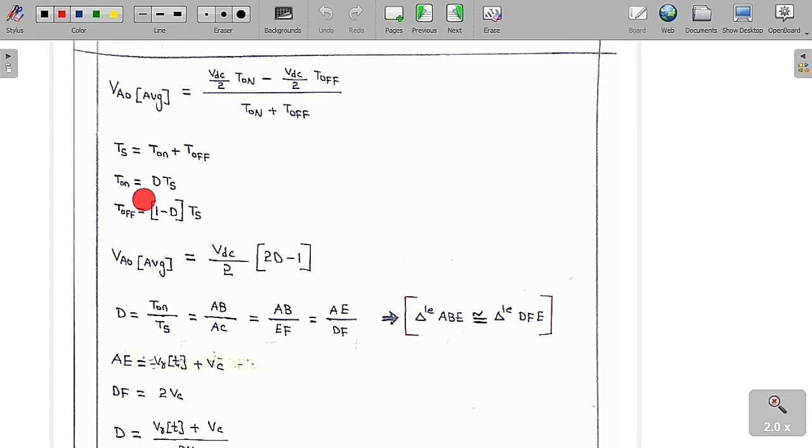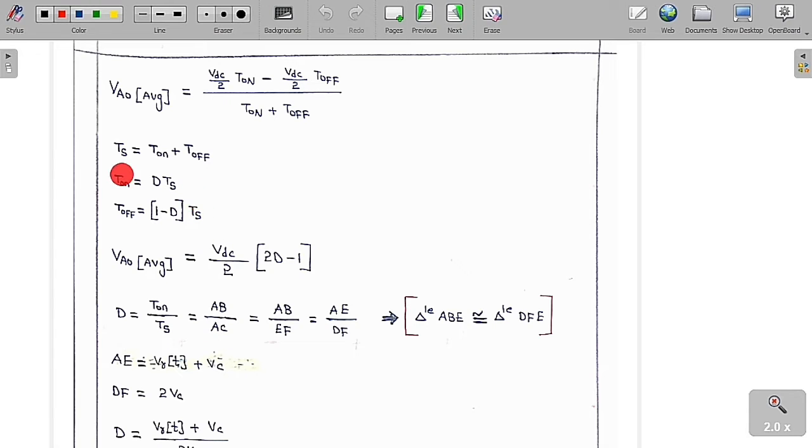I have already told you that duty ratio is nothing but T on by Ts. So T on is equal to D into Ts, whereas T off is equal to 1 minus D into Ts. This is the way we study this in the chopper concept.